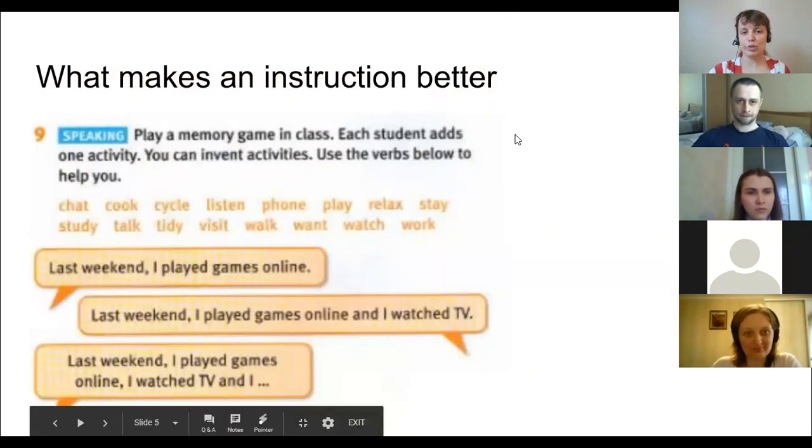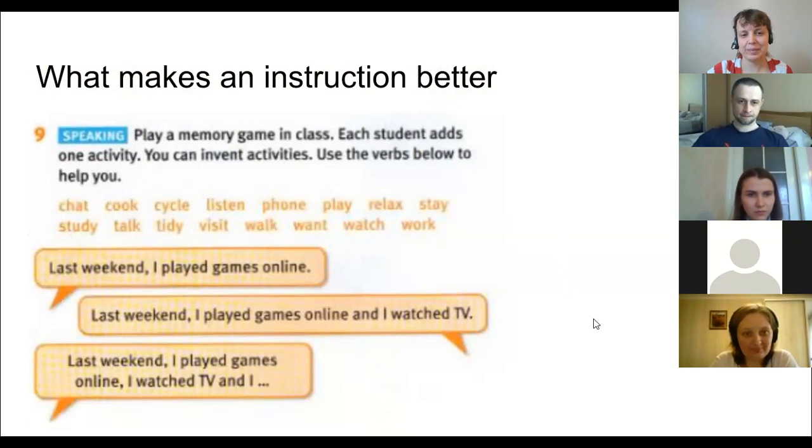What makes an instruction better? Here I have a prompt. Conversations, dialogues. I'm not sure what it means. Paraphrasing, yes, so using simple language.